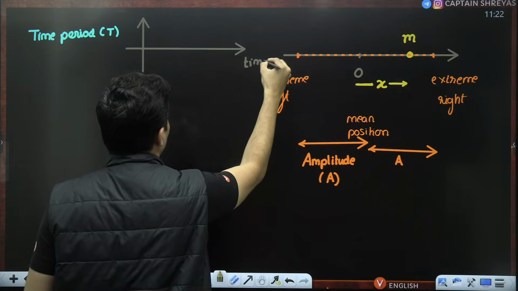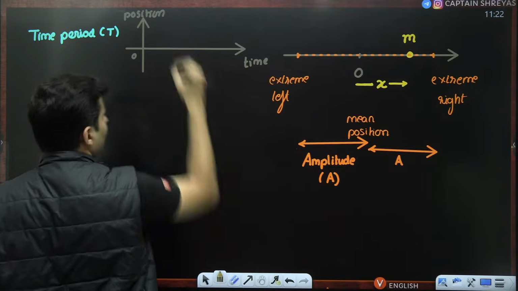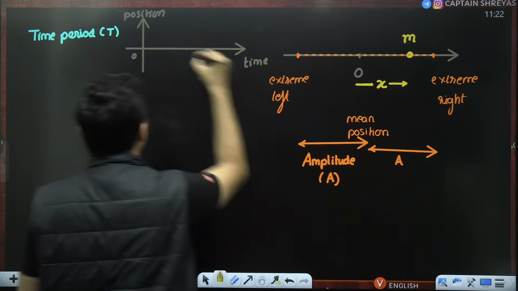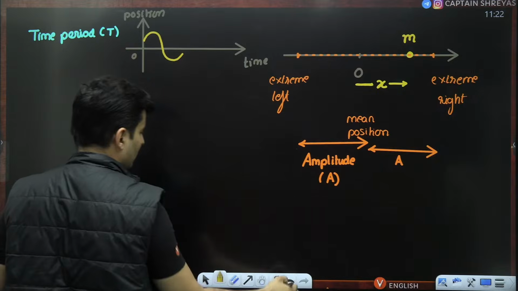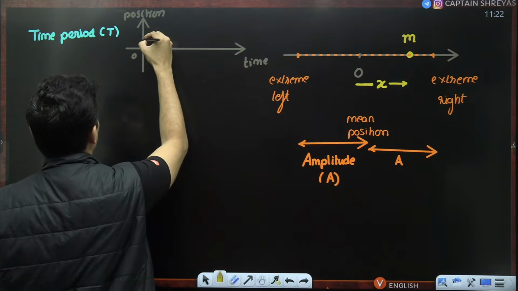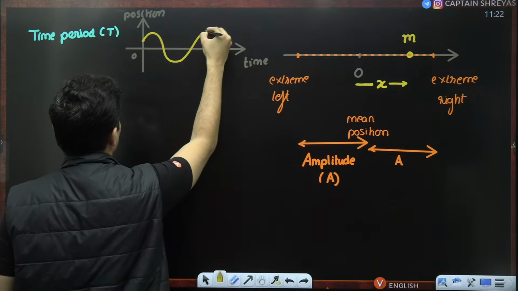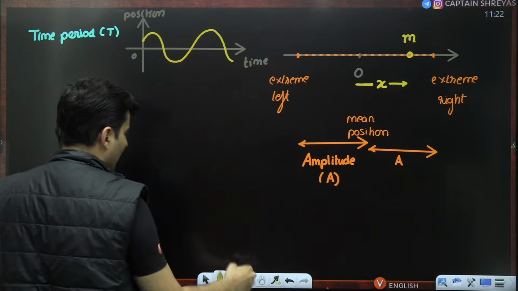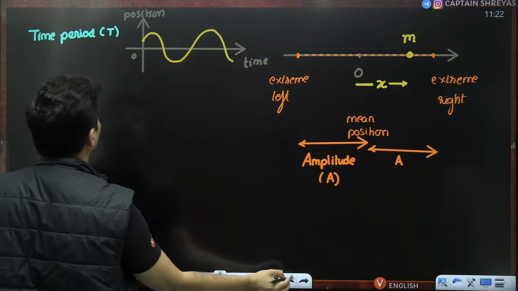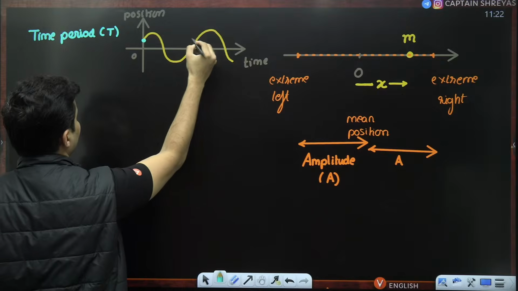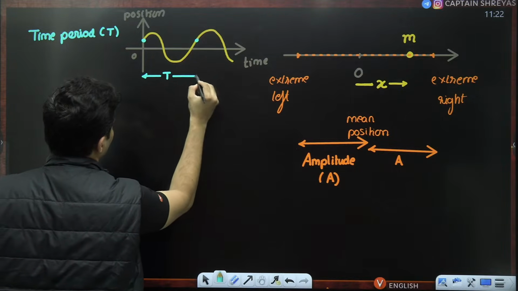This is your time, this is your position, and the x coordinate might be like this. And you can see it repeats whatever it is doing; whatever it was here, it is exactly over here after some time. So this then is the time period.